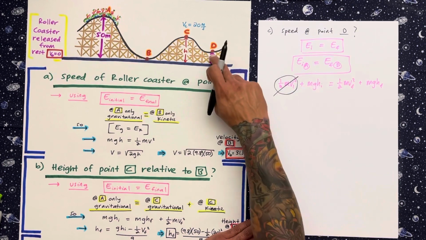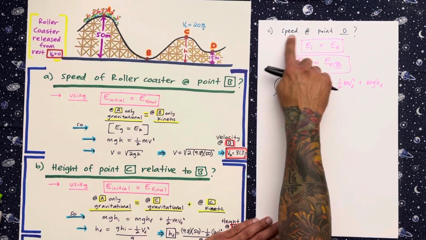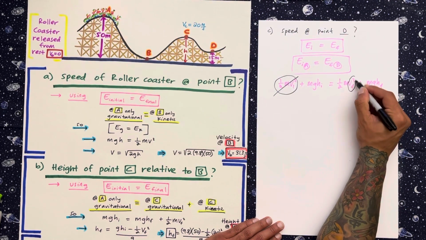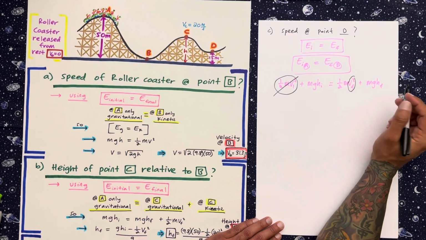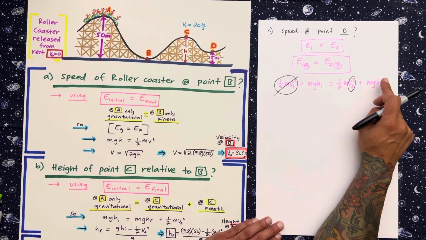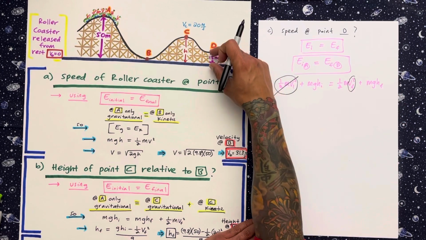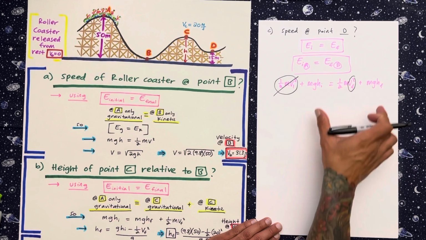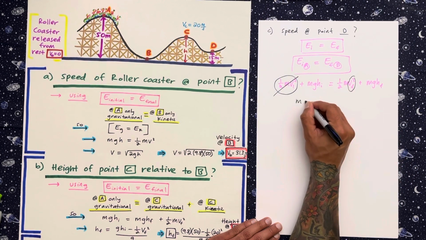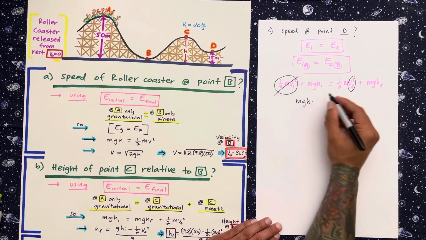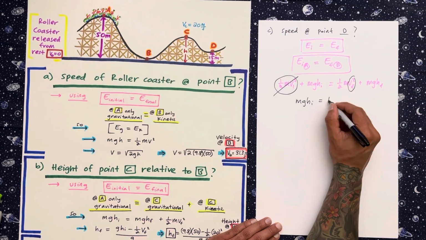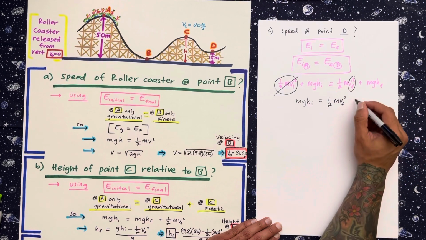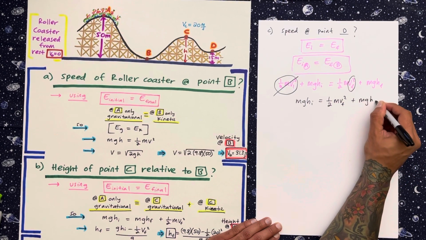Velocity final, well, that's what we're looking for, because that's the speed at point D. And mgh final, we do have a height final at D, so we have everything we need. So now let's bring it down. We have mgh initial is equal to 1/2 mv squared final plus mgh final.